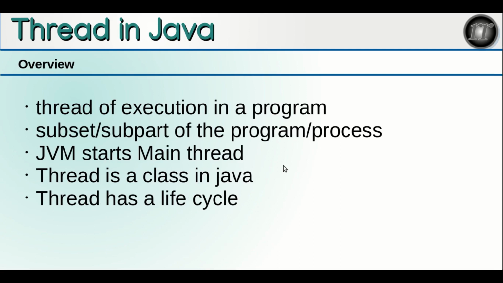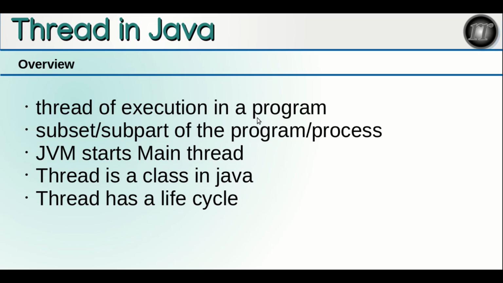So for an overview, what is a thread? A thread is a thread of execution in a program. Whatever task is performed in a program in Java is considered a thread. It is basically a unit of execution. An example of a task is to get data and write it to a file, whatever type of file.